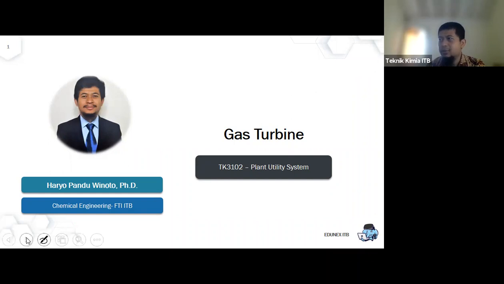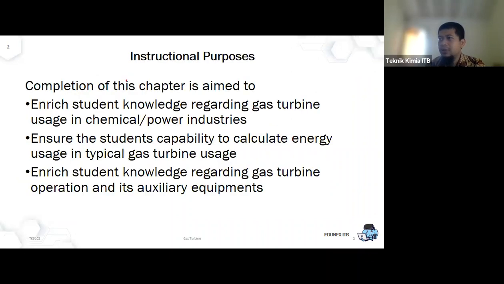We have at least 3 instructional purposes. After you complete this chapter, you are supposed to have at least basic knowledge regarding gas turbine usage in chemical or power industries.